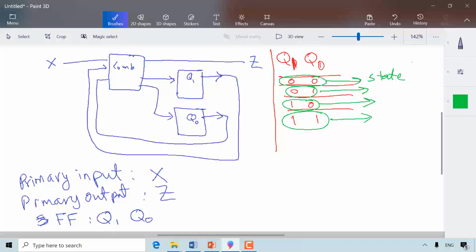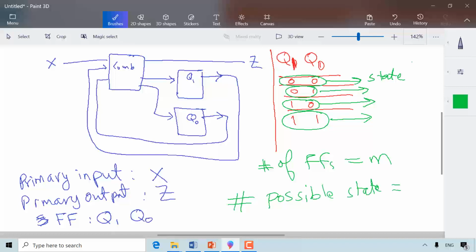Meaning that if you have a number of flip-flops equal to M, then the number of possible states equals 2 to the M. In this case, I have two flip-flops, 1, 2, right?